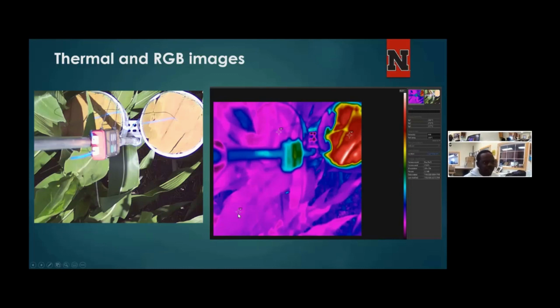Here I pointed on the leaf, and at that particular time in this farm, the leaf had a temperature of 28 degrees Celsius, and the reference surface, the wet surface that I talked about earlier, was about 27.5, almost close enough to the temperature of the crop, and then the dry surface, which was about 57.7. So we're going to see how we compute the plant stress index from these images.